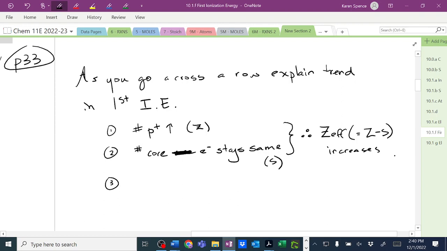So, therefore, or actually, as charge increases, Coulombic attraction increases.